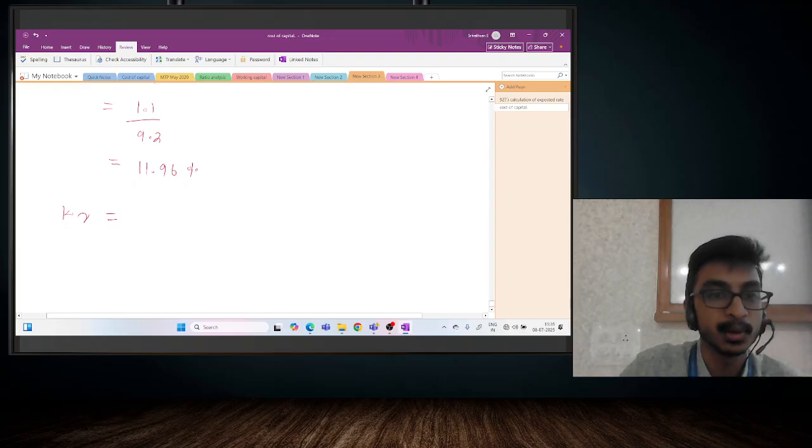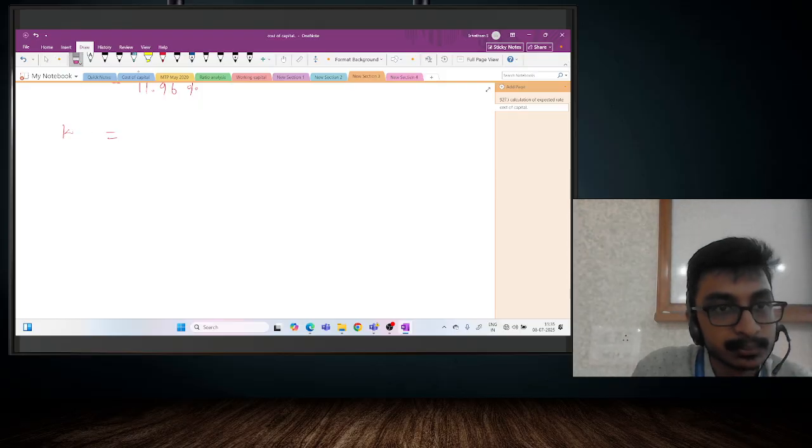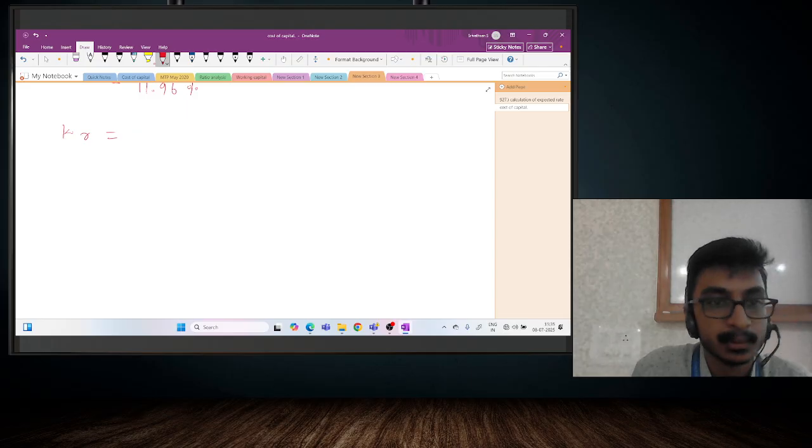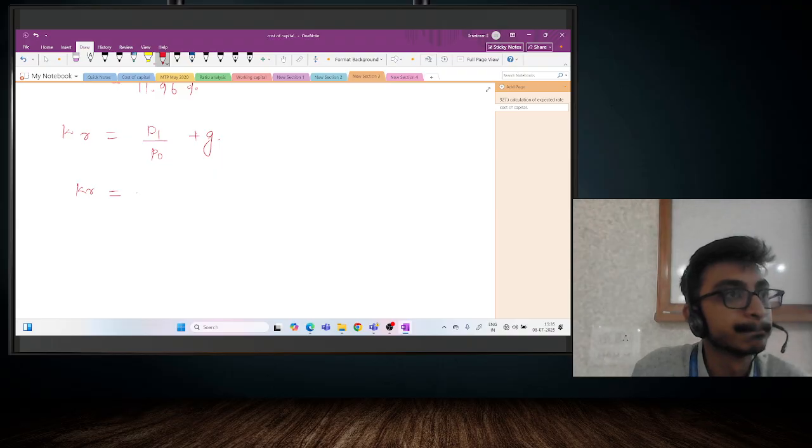So now what is the formula for calculating cost of retained earnings here? Gordon's approach: D1 by P0 plus g. So cost of retained earnings is equal to, what is D1?